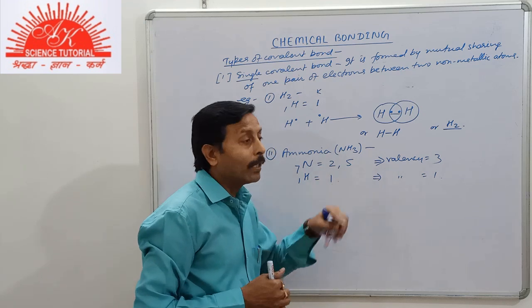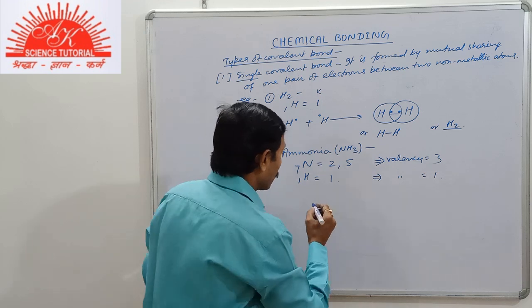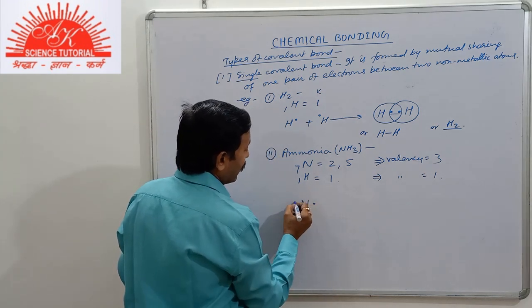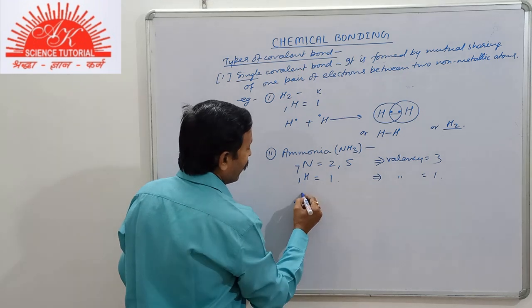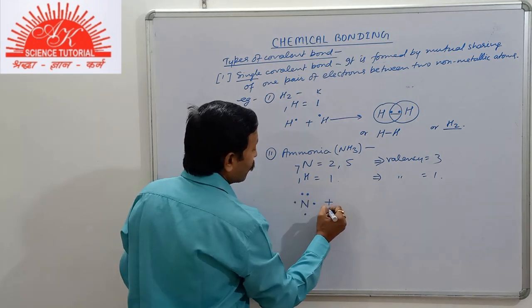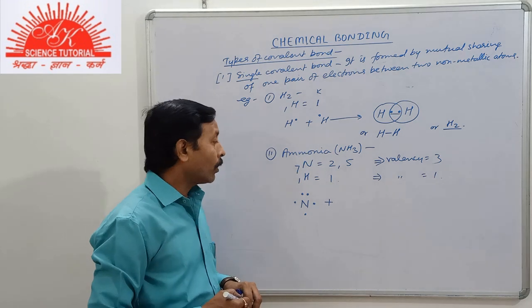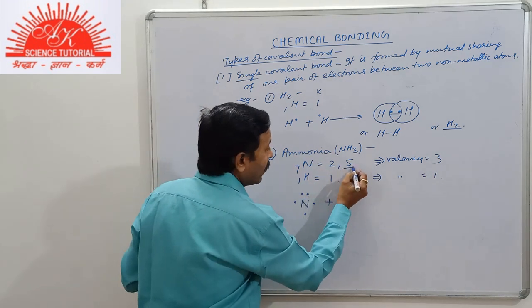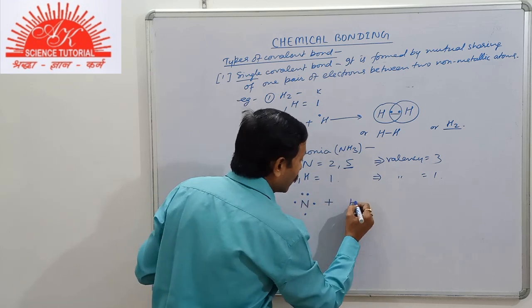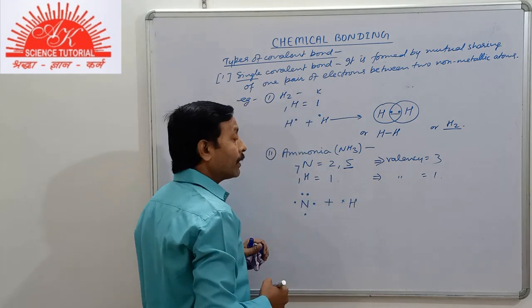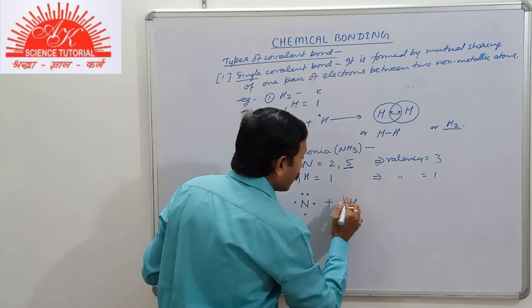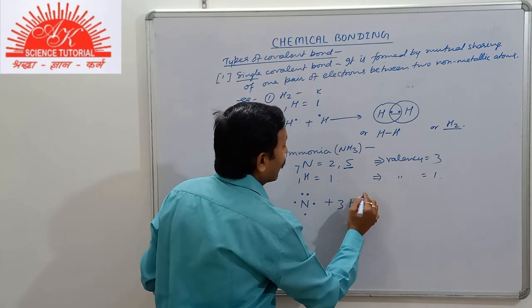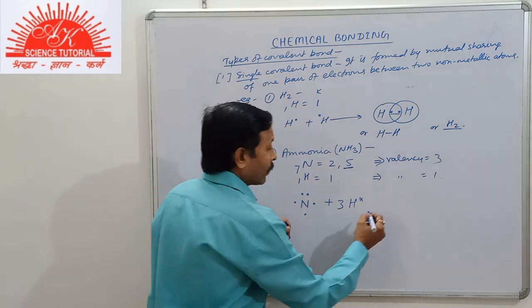Each hydrogen atom will impart 1 electron. So how can it be written? Now you see, suppose nitrogen has 5 valence electrons. As you know, while writing the electron dot diagram, we use only valence electrons. So this is a valence electron, hydrogen. We can take another different symbol. Or we can write like this, 3 hydrogen atoms are required.